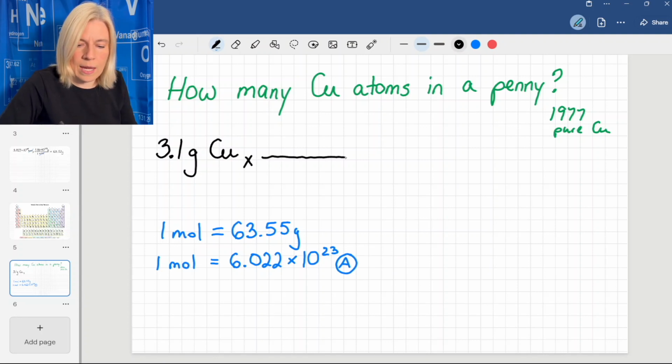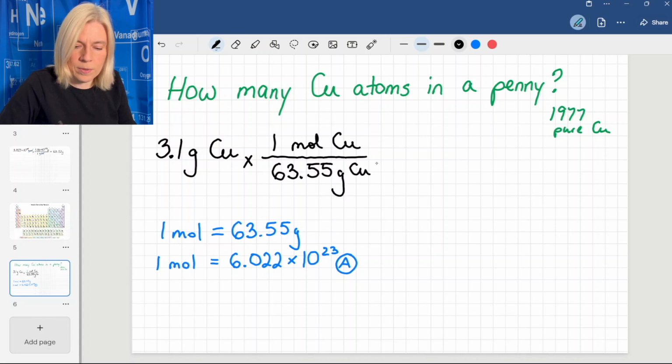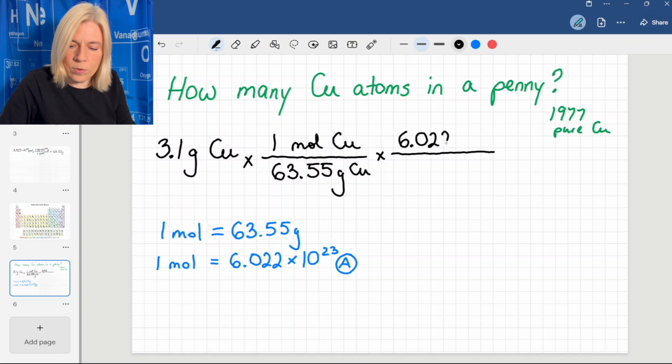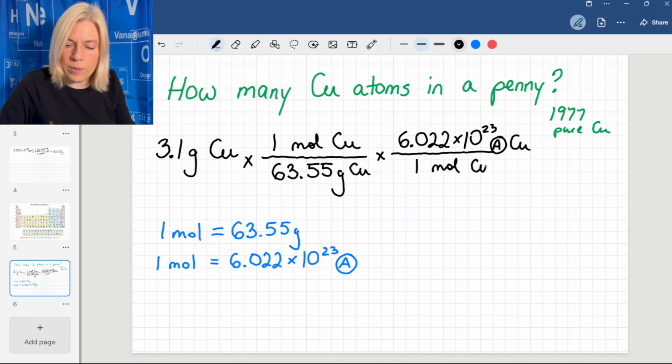So 1 mole of copper is 63.55 grams of copper. And I also know that there are 6.022 times 10 to the 23 atoms of copper in 1 mole of copper.